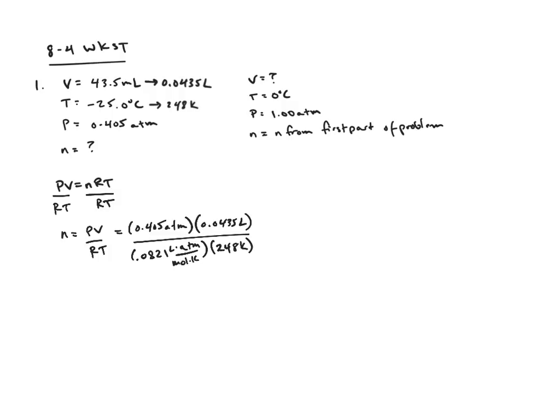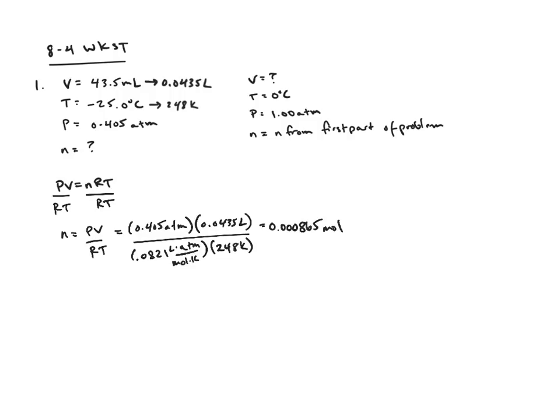Let's plug this into a calculator: 0.405 times 0.0435 divided by 0.0821 times 248, and we get a small number here. I get 0.000865, which is the number of moles.